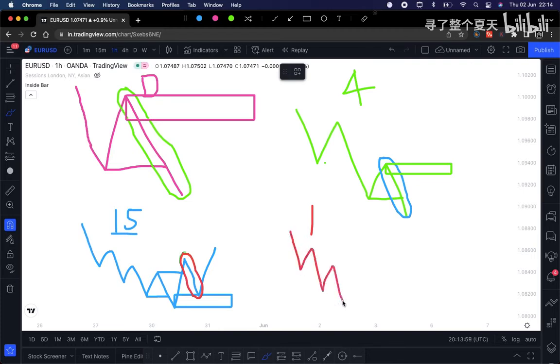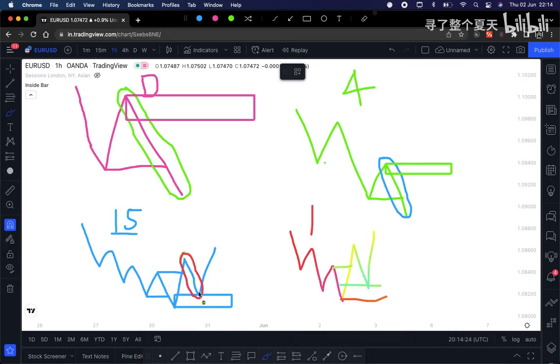Nice one. So in order for us to buy this 15-minute time frame demand, we want to see a 1-minute time frame shift, right? And then identify a 1-minute time frame area of demand, and that's where we're going to get that entry.